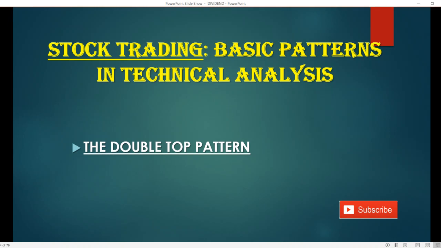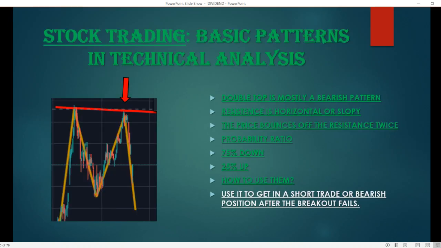Let's get into it. So the double top is mostly a bearish pattern. It means that the stock will mostly go down. It will sell off. So the main thing about a double top is the resistance. We have learned about the basic tools of technical analysis, resistance, the trend line.